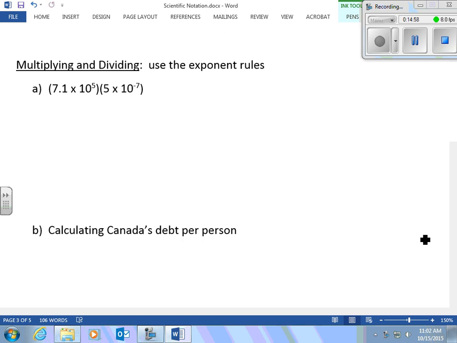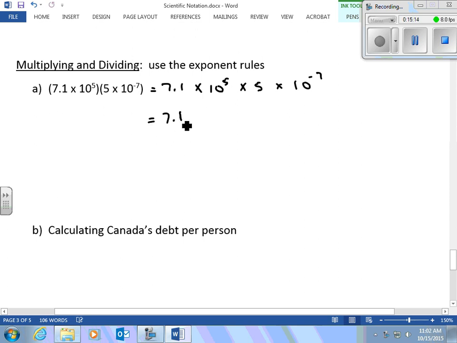If you think about this multiplication, this is 7.1 times 10 to the power of 5 times 5 times 10 to the negative 7. Because it's all multiplication between these, I can actually change the order. So it could be thought of as 7.1 times 5 times 10 to the power of 5 times 10 to the power of negative 7.